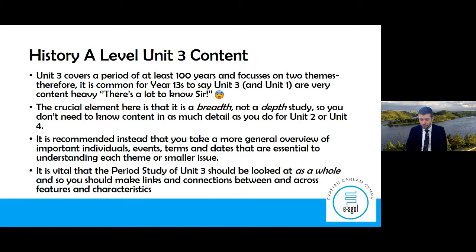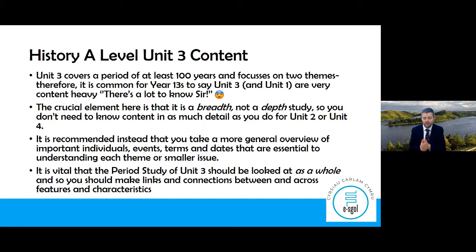And it's recommended by the exam board, and by us as teachers as well, that instead you take a more general overview of the important individuals, events, terms and dates that are essential to understanding each theme or smaller issue within your option. We'll go through today how we focus our attention on those things.